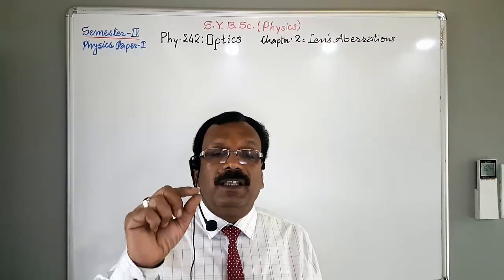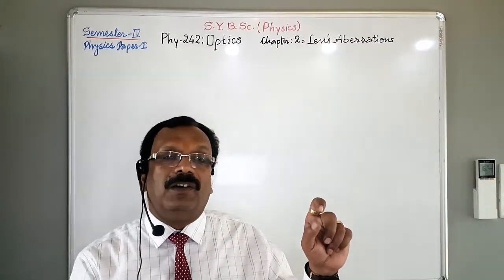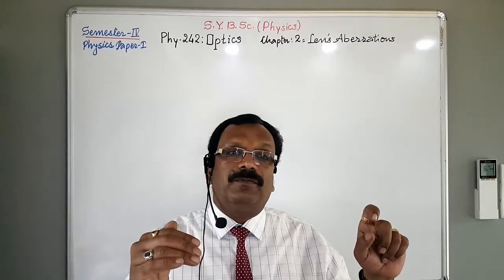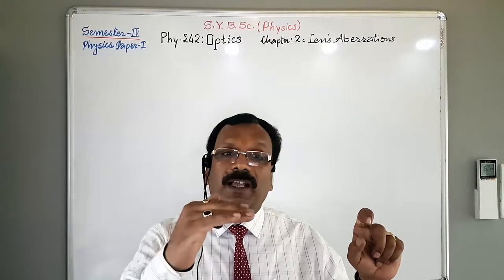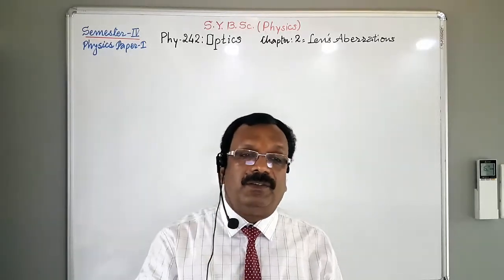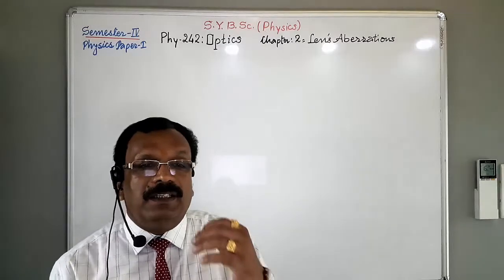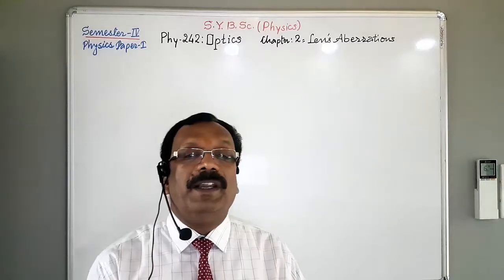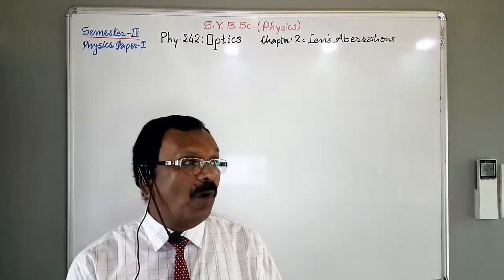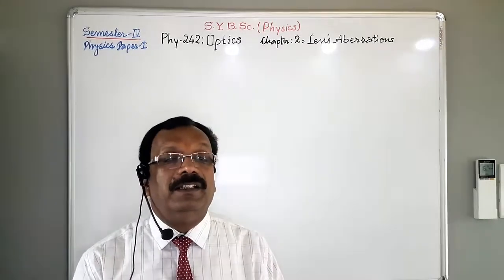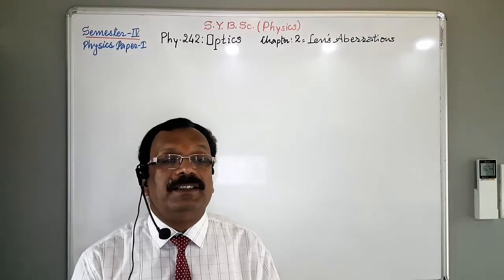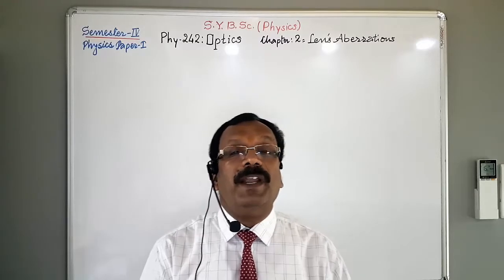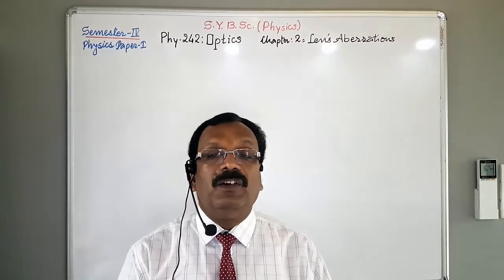That means the image of a single point object on the principal axis is formed not on the axis but off the axis. So in a single statement we can define chromatic aberration as follows: if the point object is situated off the principal axis, the lens forms a comet-like or egg-like image.